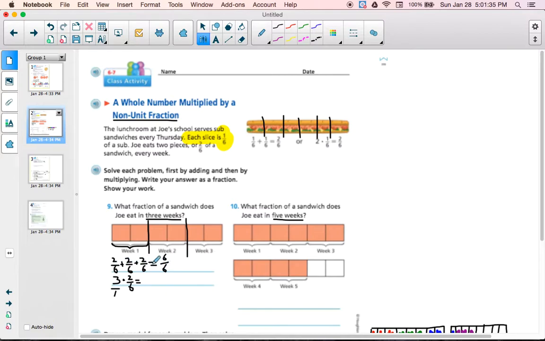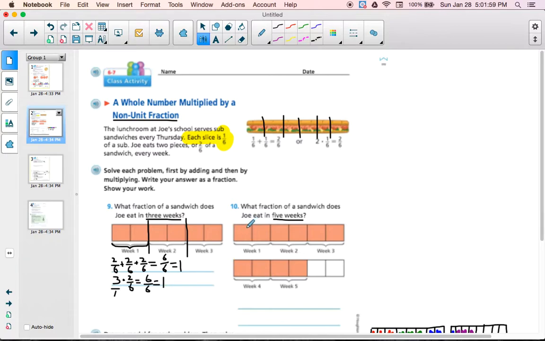I wrote it as a sum of fractions. And 6/6 is the same as 1 whole. Or over here, he was eating 2/6 of the sandwich each week for 3 weeks. 3 times 2 is 6/6, or 1 whole. Okay?